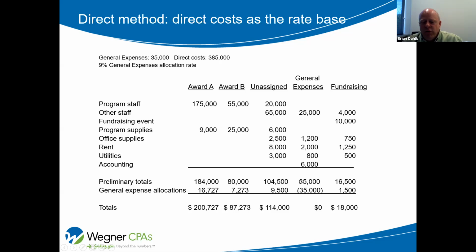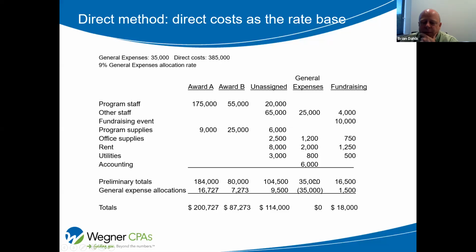And very importantly, we can't just allocate to the awards. We also have to allocate in that same proportion to the unassigned category and the fundraising category. And so we end up with these amounts allocated to the specific awards.